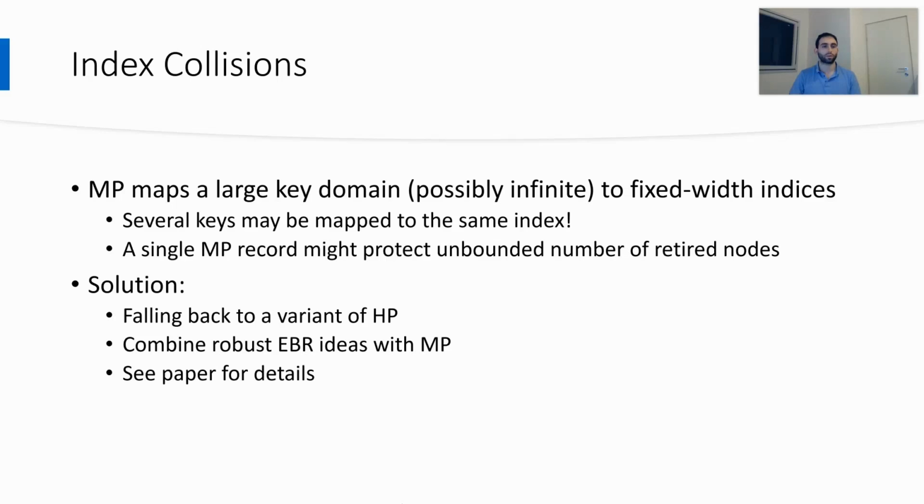To solve the index collisions problem, MP protects nodes with colliding indices using HP, and uses EBR ideas to bound the number of protected nodes by a single margin pointer record, even if there is an unbounded number of retired nodes with the same index. Please see the paper for the full details.